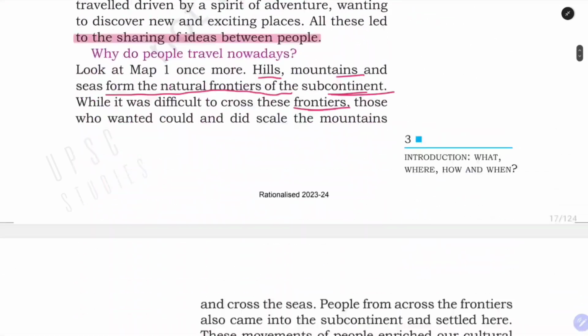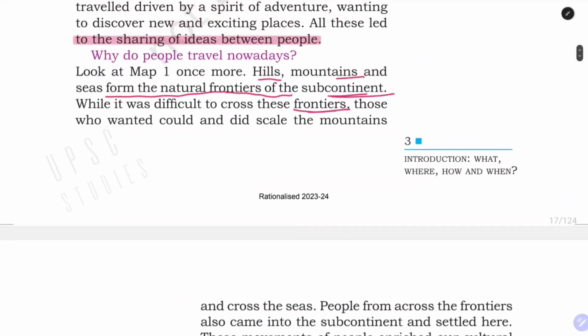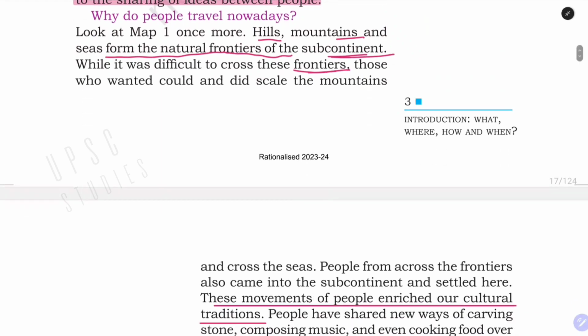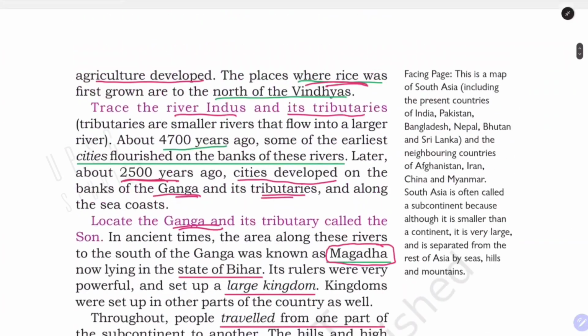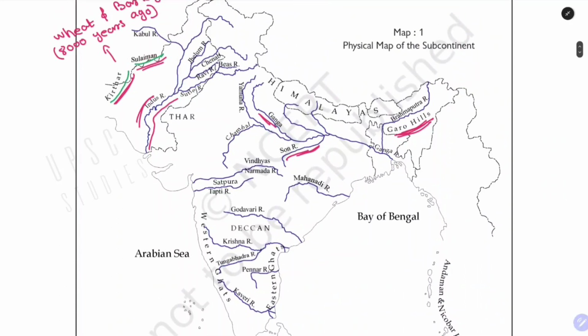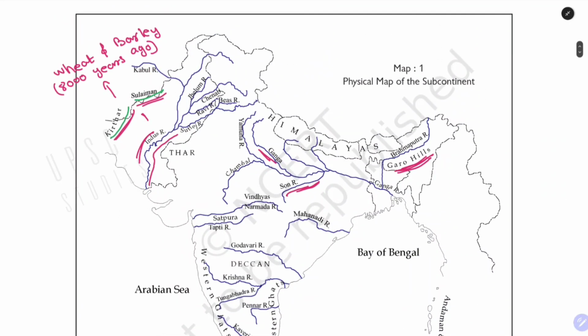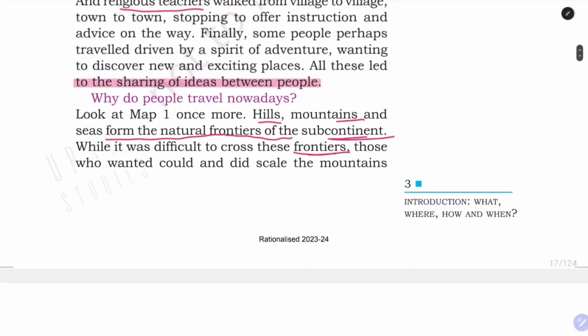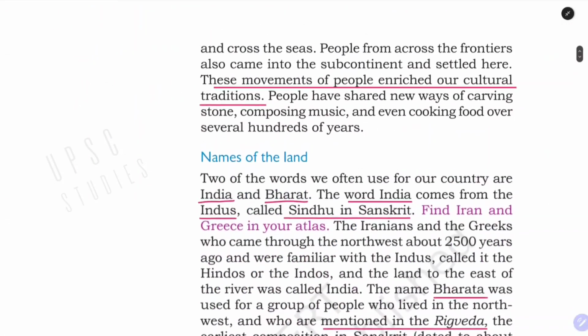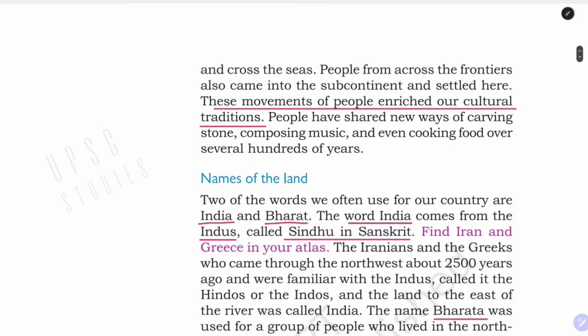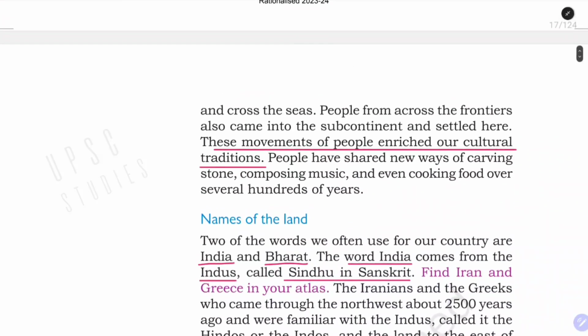So it is very difficult to cross that. But yeah, there are some mountain passes. One is the Bolan Pass. It is situated here. There is the Bolan Pass. So through these passes, people can move from other continents to our subcontinent. Okay, not continent, our subcontinent.